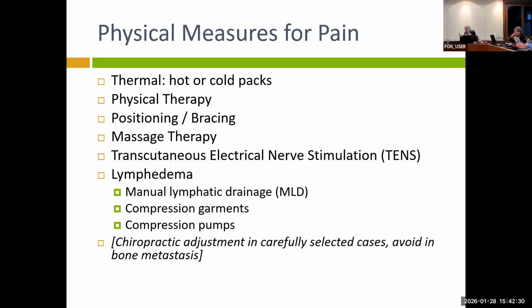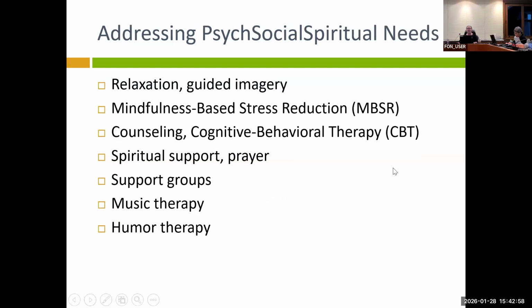With the musculoskeletal pain, like we talked about before, I use a chiropractor quite often. You saw that as one of my CIH therapy go-tos. But because we have to worry about metastasis to the bone, that's why we have to be a little bit more careful here. So we need to carefully monitor that for a physical measure for pain in cancer therapy.